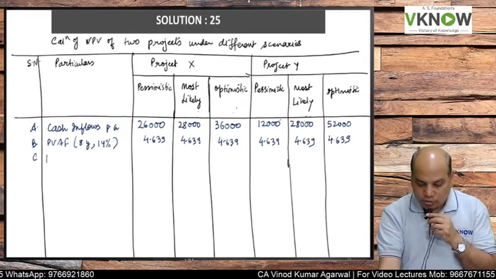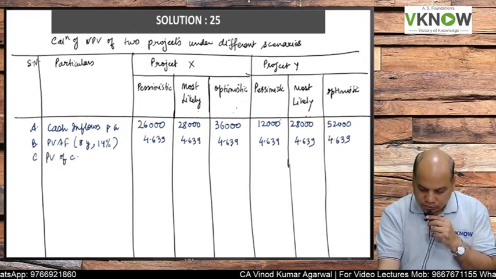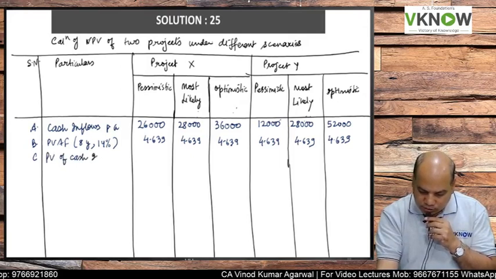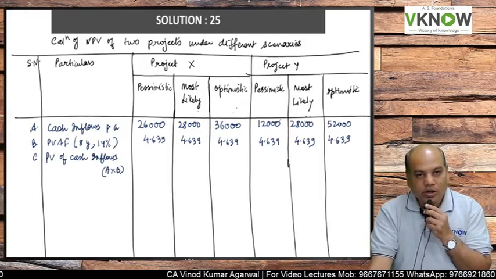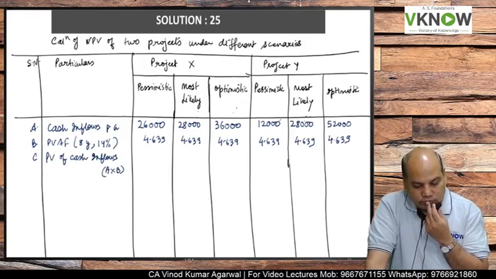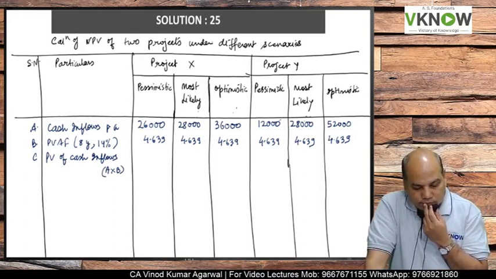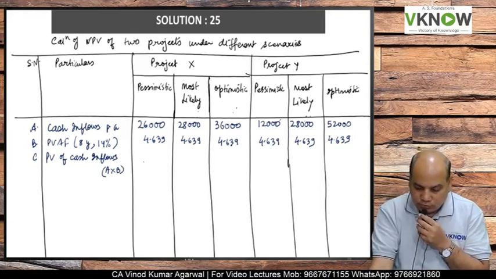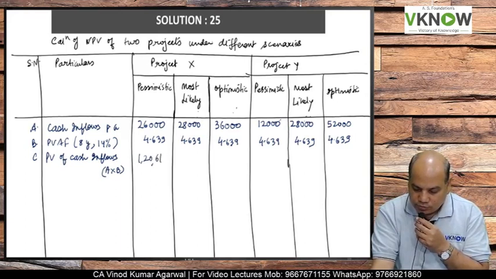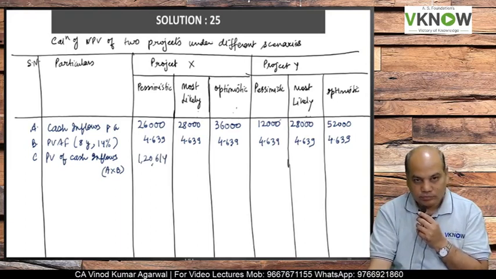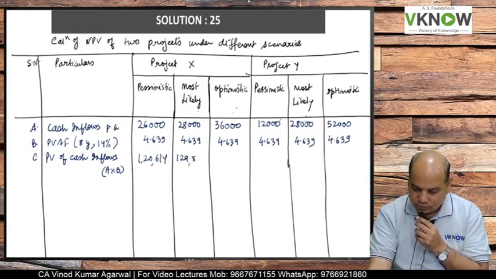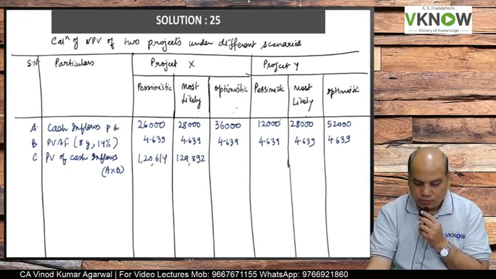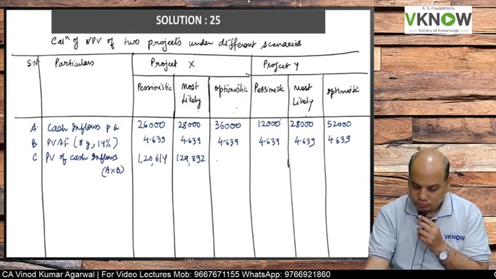And then you get PV of cash inflows. It will be A into B. So multiply A into B, come on. 1,20,614. Very good. Next one, 129,892.